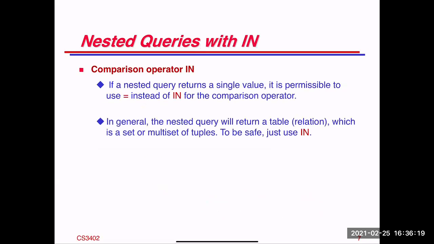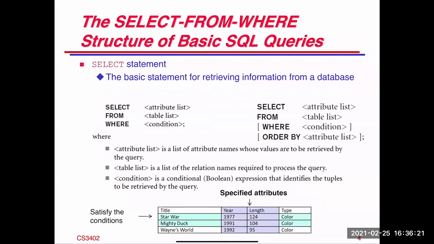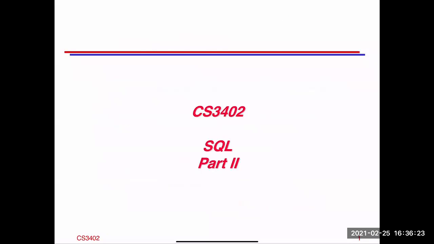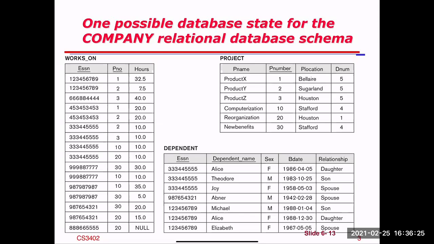So maybe I can go back again to the tables that I just showed you before. Where's our WORKS_ON? Here we are. Okay, so if I just have this WHERE condition, it will only select this one, and that's it.